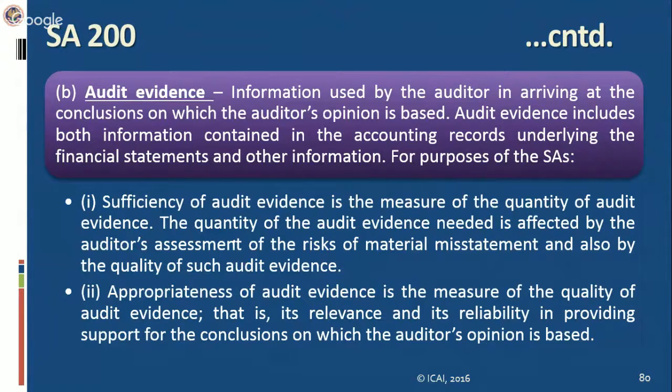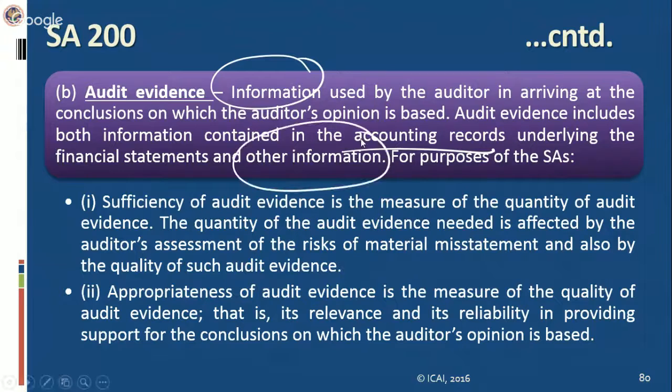So audit evidence includes both information contained in the accounting records underlying the financial statements and other information. So there are two things: information contained in the accounting records and other information.